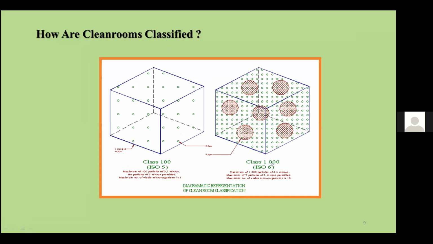Similarly, in a class 1000 clean room, one cubic meter area has 1000 particles of 0.5 micron size. These types of classification we can make for a clean room.